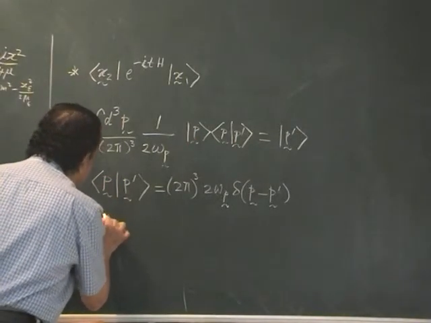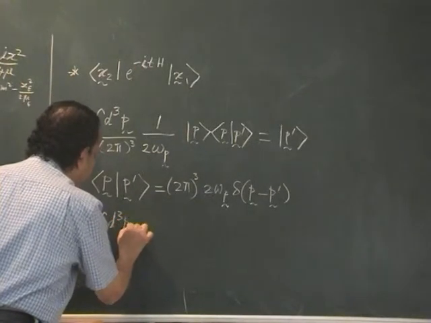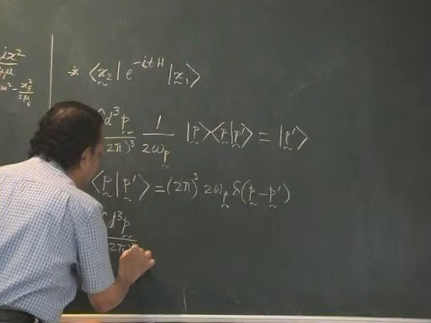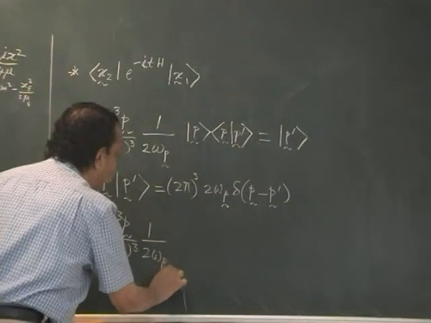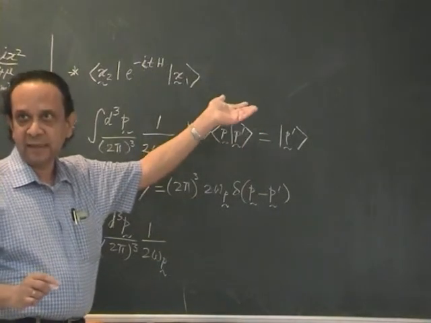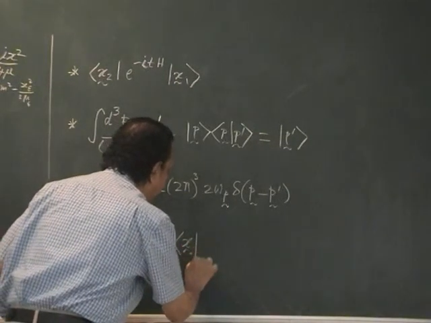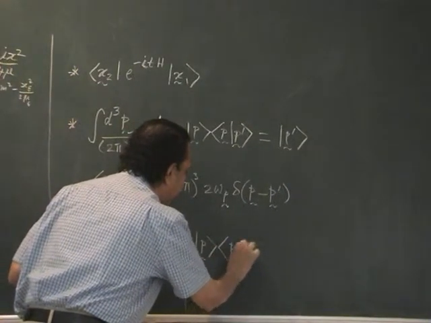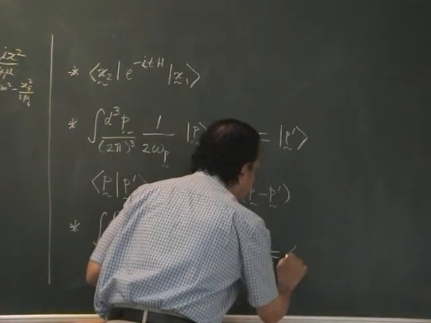So I have the integral over d3p upon (2 pi) cubed, the standard original completeness condition, but now, originally you had this p and I hit it with a p prime. Now I am going to hit it with position eigenstates. So what I will have there is, let us say, x with p, and p with y, let us say. This is equal to x with y.